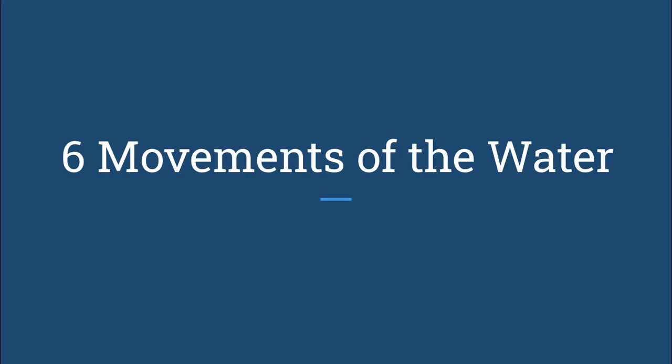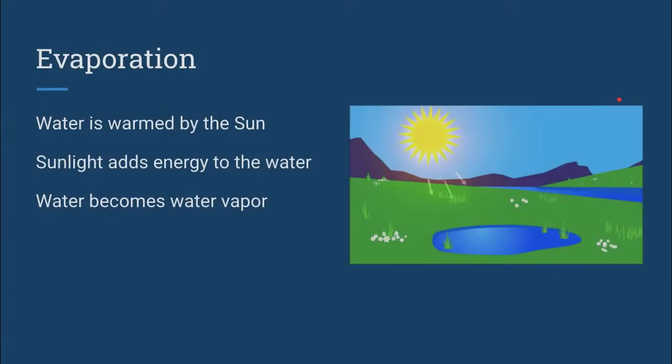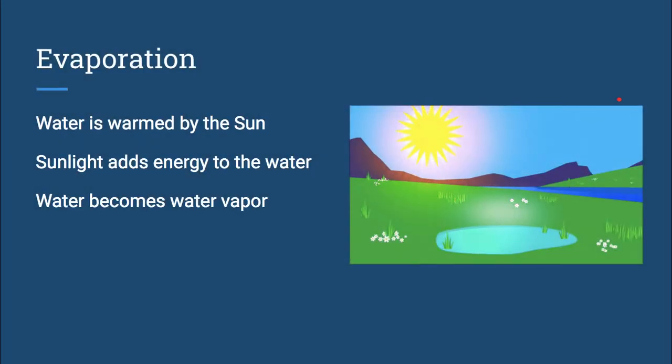All right, now here's where you're going to want to really make sure you have your notes. How does water move? There's 6 movements of water. Your job is to understand all 6 of them. The first one is evaporation. Evaporation is when liquid water is warmed by the sun.